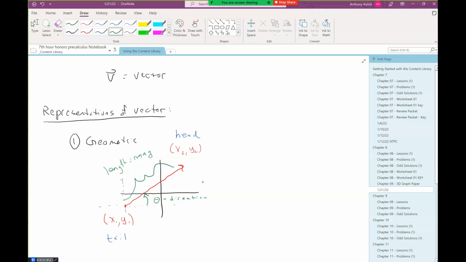But really, when we talk about a geometric representation of a vector, we're just talking about 2 points, right? A point for the head and a point for the tail. Okay.